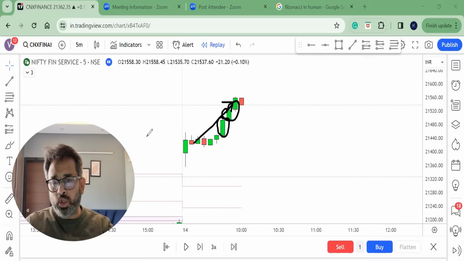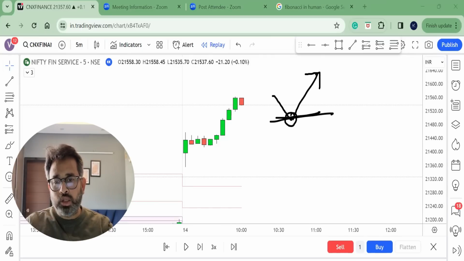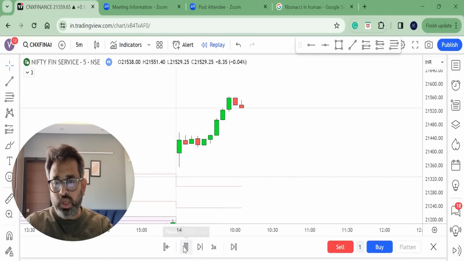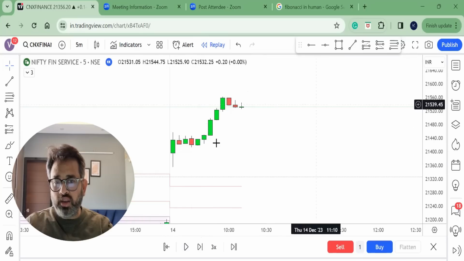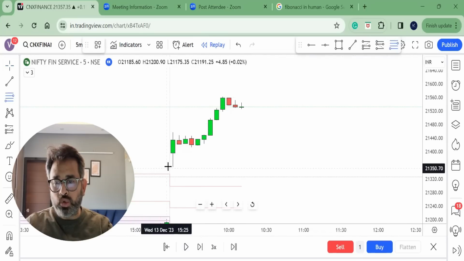You can't enter long anywhere on this candle now, because it is making a parabolic move. When it is a parabolic move, you should wait for a retracement, right? Then the probability of a bounce is higher. So how do we know where price is likely to bounce? Once we have identified the swing high, we draw a Fibonacci from one swing to another swing.